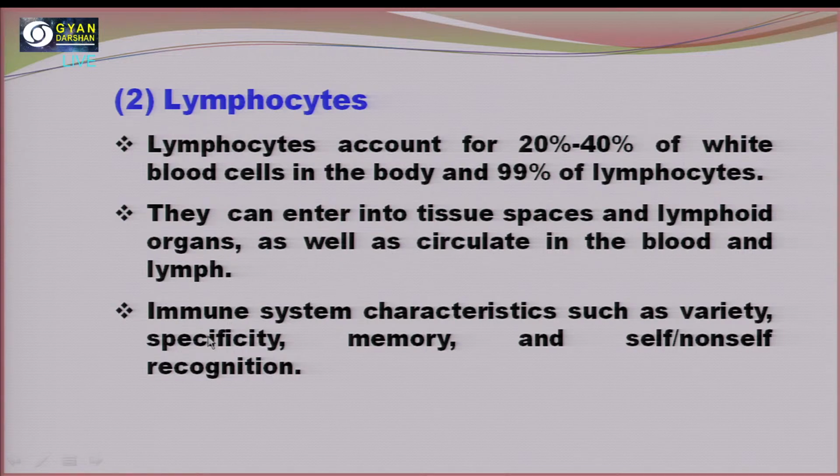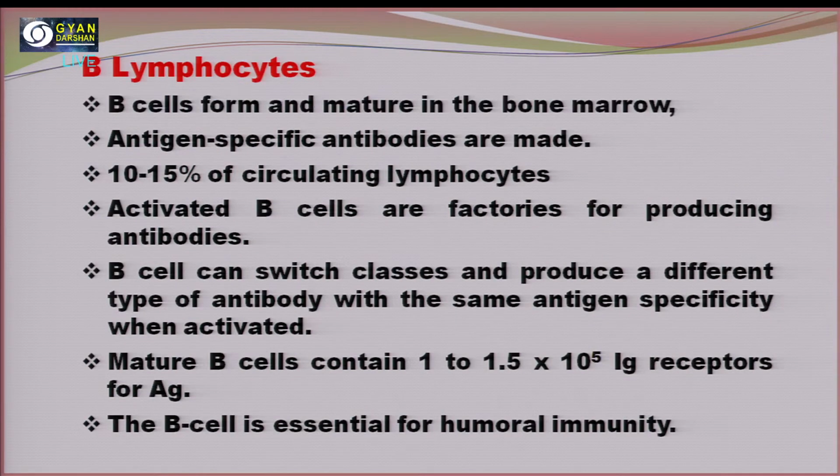Immune system characteristics include variety, specificity, memory, and self and non-self recognition. So lymphocytes are very specific, they have memory, and they have the ability to recognize self and non-self antigens.